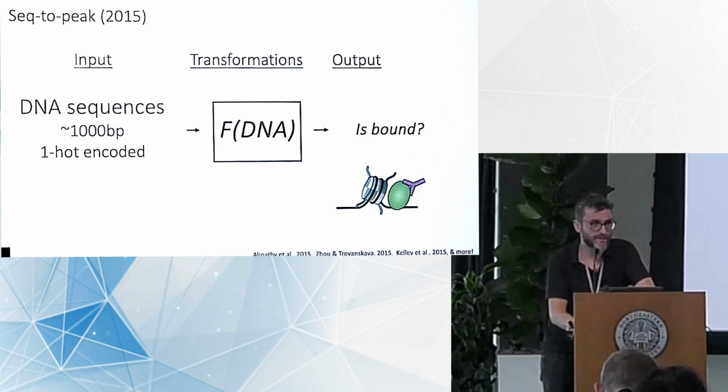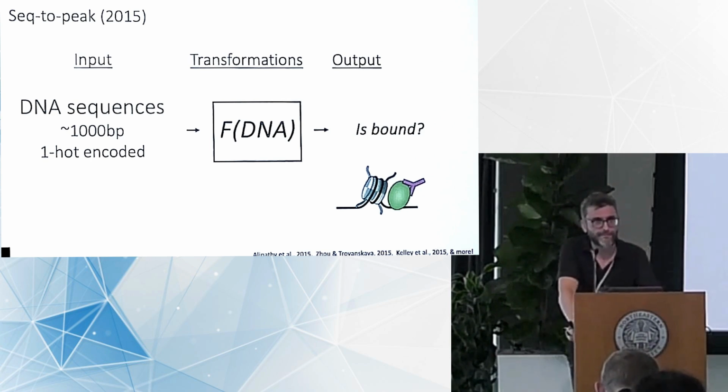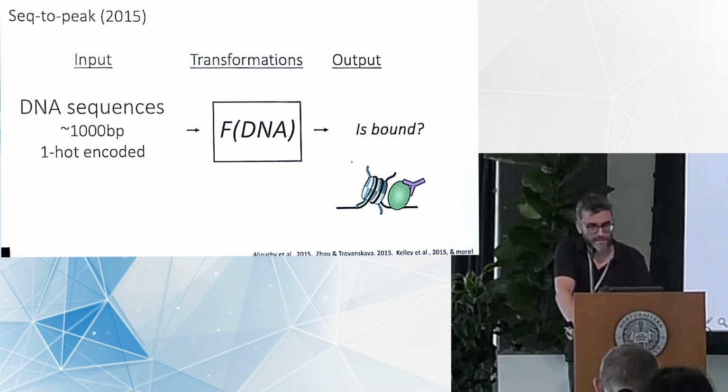Okay, in genomics, to my knowledge, the first main class of neural networks were what I like to call seq-to-peak. So they're taking in DNA sequences, or at least DNA neural networks. We're taking in DNA sequences, one-hot encoding them, like a punch card, and then predicting some output, usually from a technology like ChIP-seq, which is saying, is this piece of DNA bound by a particular protein or not?